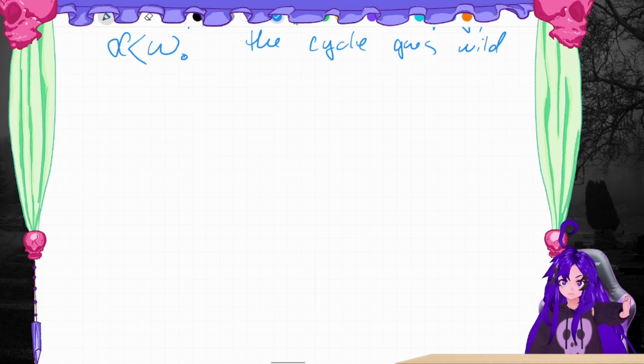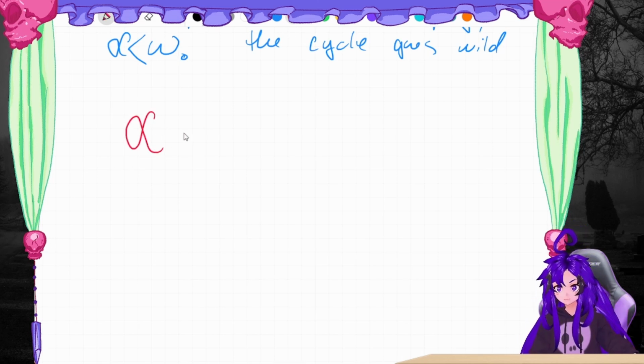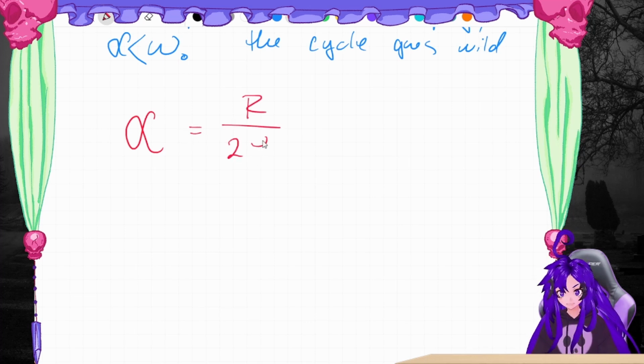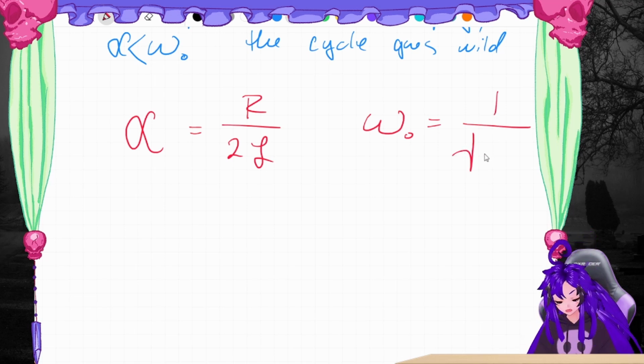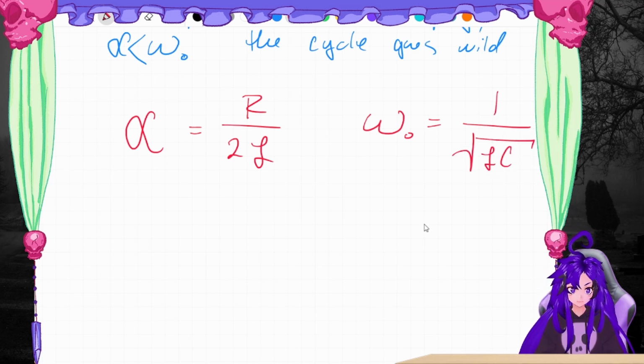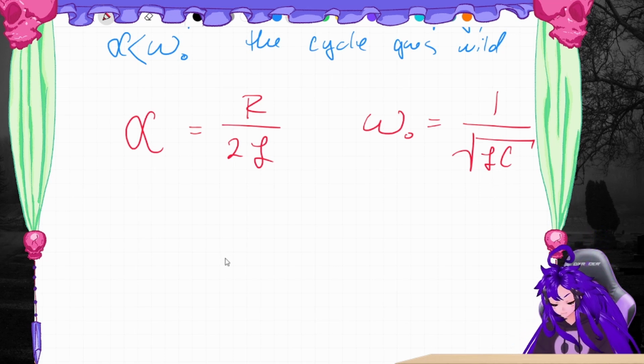So the alpha in this case is R over 2L, and these are only for second order, only for situations where you have RLC circuits. And then the omega naught is the square root of 1 over LC.